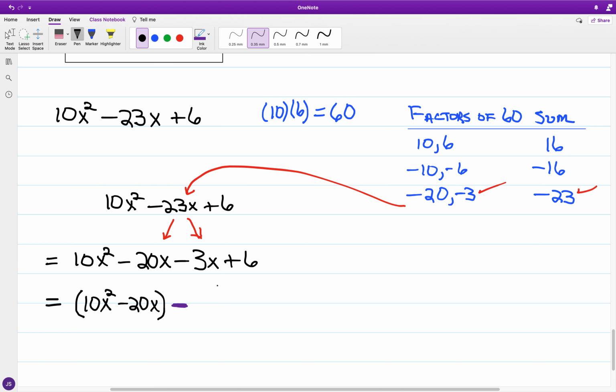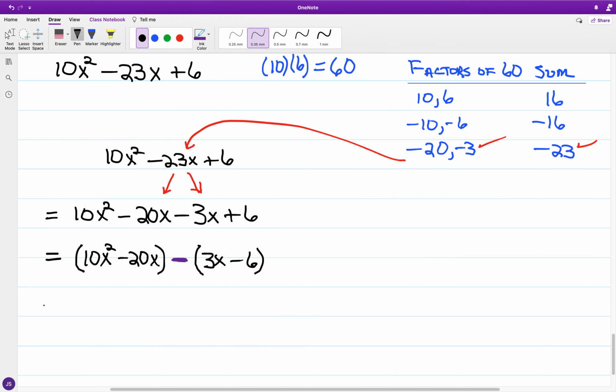And you have to be careful with this one: minus 3x is the opposite sign of 3x, and 6 is the opposite sign of negative 6. So just think about what would happen if you remove the parentheses. You have 10x squared minus 20x, and you have minus 3x, and then minus 6 translates out to plus 6.